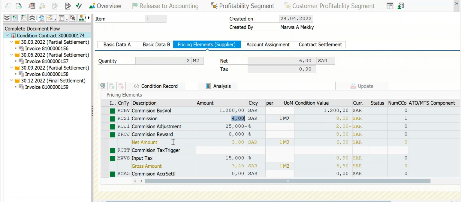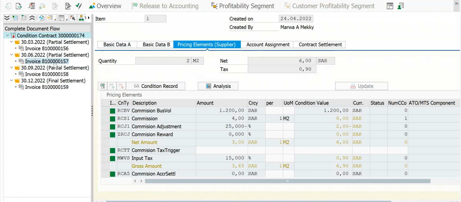But since this is a partial settlement, I do have a 25% deduction. So now the sales employee will only get 6 Saudi riyal, but not a whole sales commission, because this is a quarter commission, and he will wait for the final one.